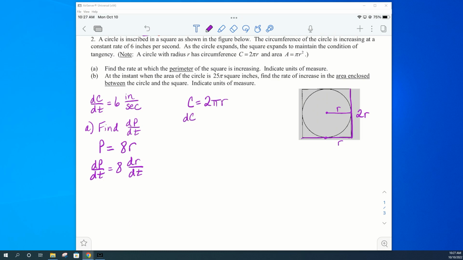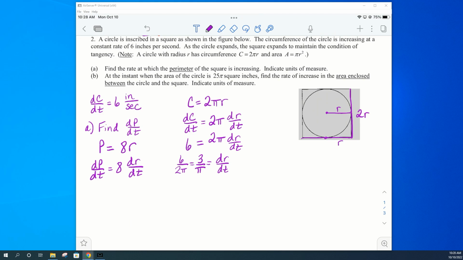So dC/dt is equal to 2 pi dr/dt, and I know that dC/dt, because the given is 6, then notice I could solve for dr/dt. Now be careful how you write this, it would be 6 over 2 pi, or in other words, 3 over pi.